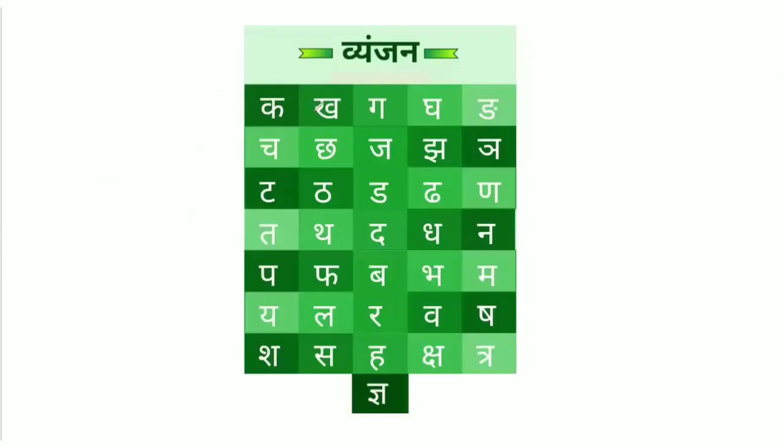This is K, Kh, G, Gh, Ng, Ch, Chh, J, Jh, Nya, T, Th, D, Dh, N, T, Th, D, Dh, N, P, Ph, B, Bh, M, Y, R, L, V, Sh, Sh, S, H, Ksha, Tra, Gnya.